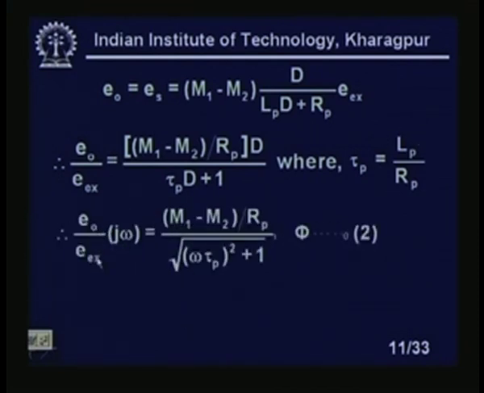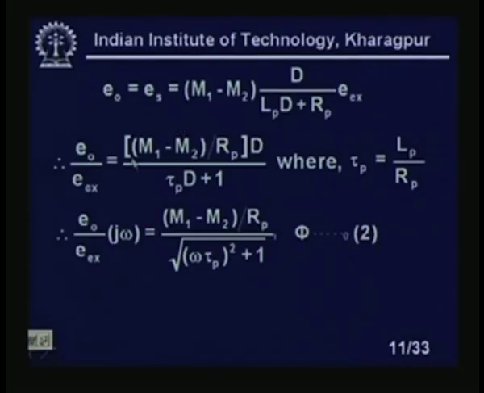Now, E naught by Ex, if I look at it, obviously what is the position X? Position is here inside, this is M1 and M2, because this is directly proportional to the position of the core, is it not? This M1 and M2 directly depend on the position of the core. So, you see this output voltage also depends on the value of M1. All other things will remain constant.